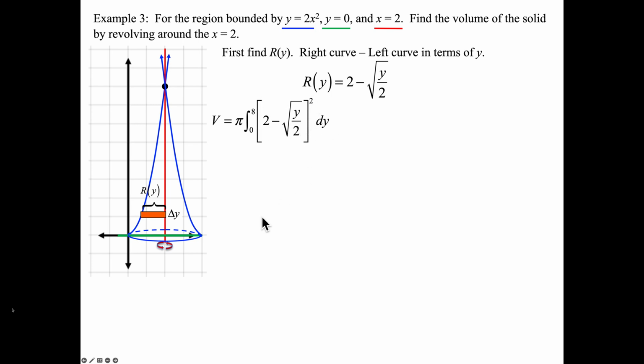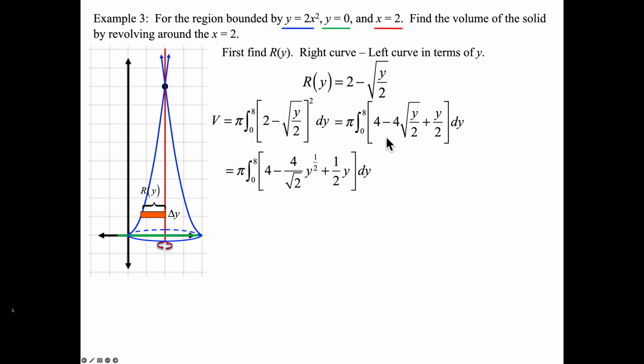Now we're forced to FOIL this out. So you're going to get 4 minus 4 times the square root of y over 2 plus the square root times itself, which will be y over 2. So the square root, I'm going to change that to a fractional power, y to the 1/2.